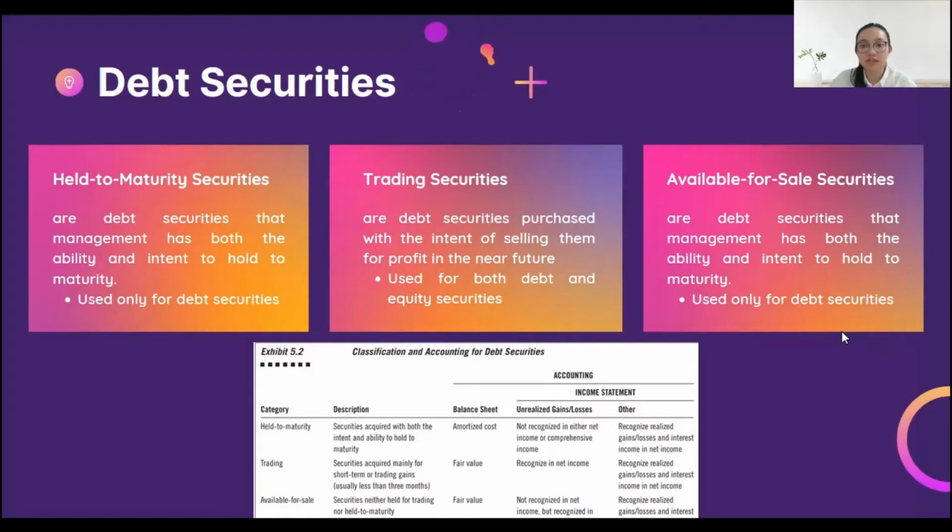These securities are reported at fair value on the balance sheet. However, changes in fair value are excluded from net income and instead are included in comprehensive income. With available for sale debt securities, interest income, including amortization of any premium or discount on long-term securities, is recorded when earned.